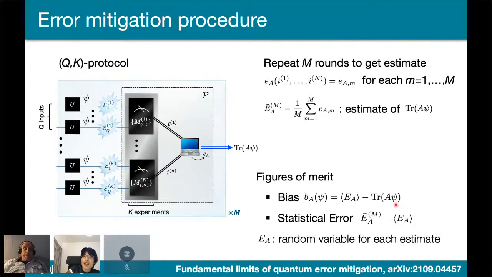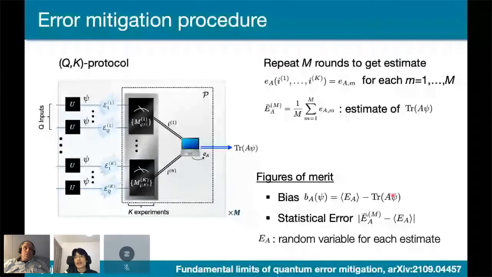So this bias function sort of corresponds to the situation where we have M infinite. So if we have the infinite number of copies that we can run the infinite number of rounds, then we will be able to get such an estimate that coincides with this expected value of this EA. But still, you might be deviated from the true expectation value A psi.